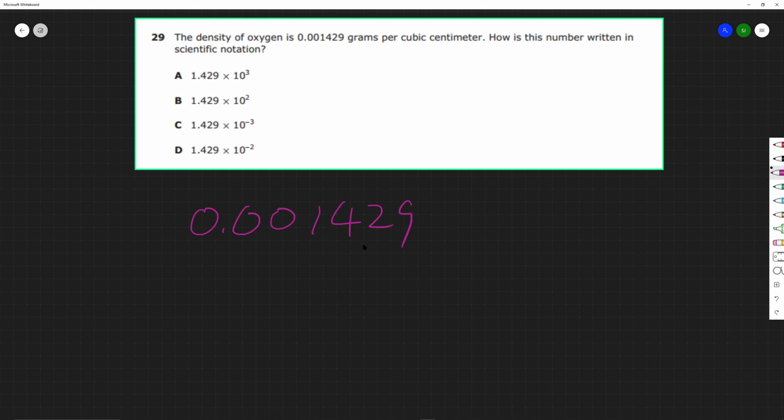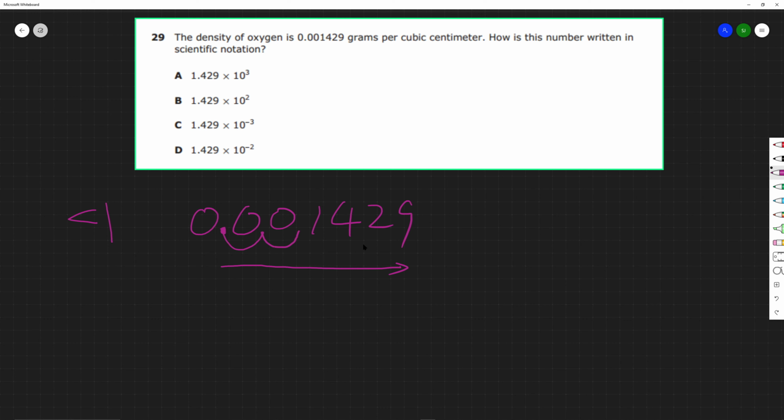0.001429. To use scientific notation, we'll start from the decimal. Because this is a very tiny number, the decimal is going to move to the right. So we are going to start from here. When we move it to the right one place, we pass a 0, and we continue.